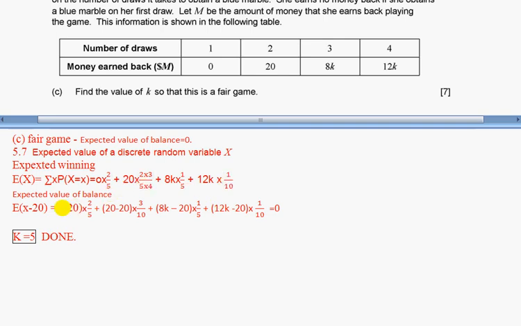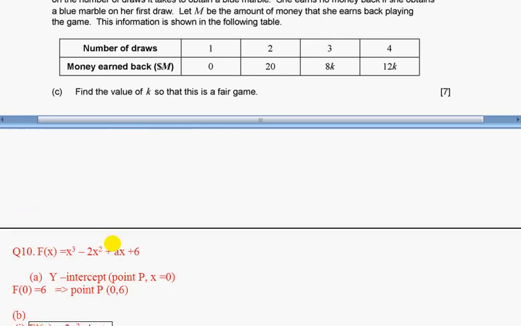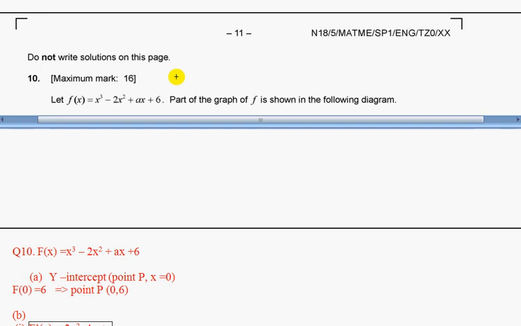But the expected value of balance will be the value of balance. So here minus 12, here 0, here minus 20, here minus 20. And it should be equal to 0. So we have an equation for k, and k will be 5. Done. So now question 10.